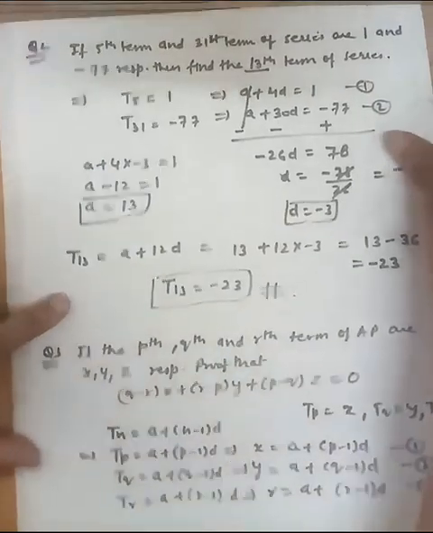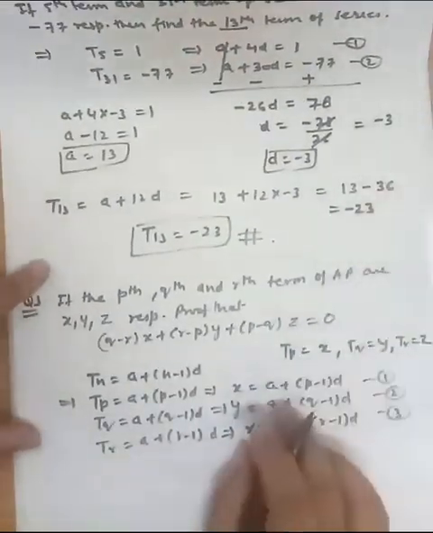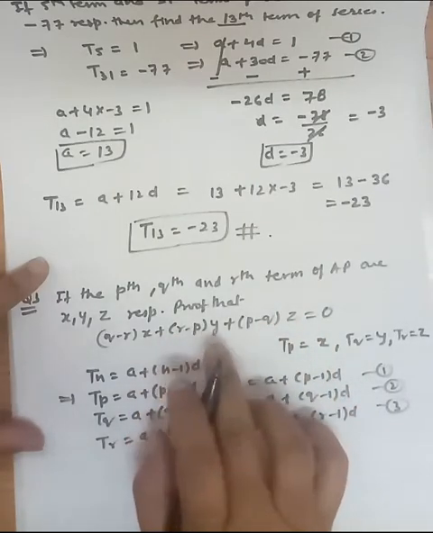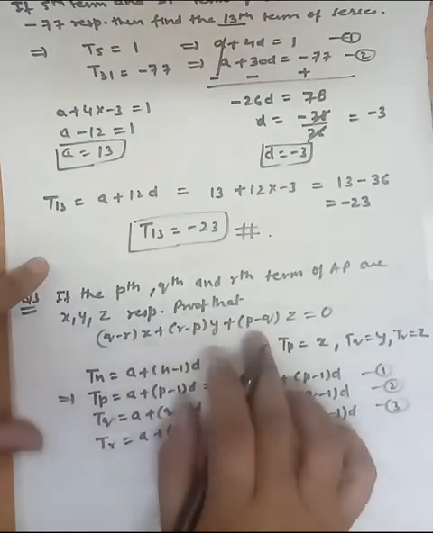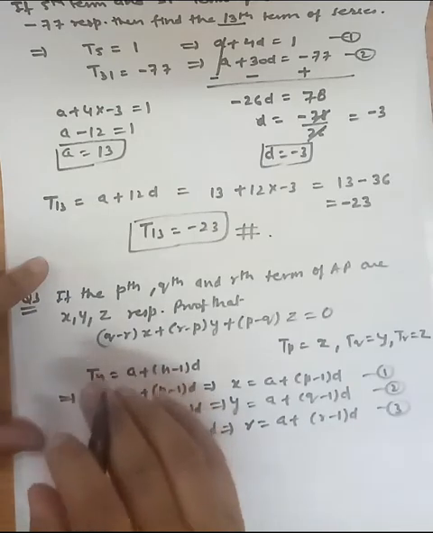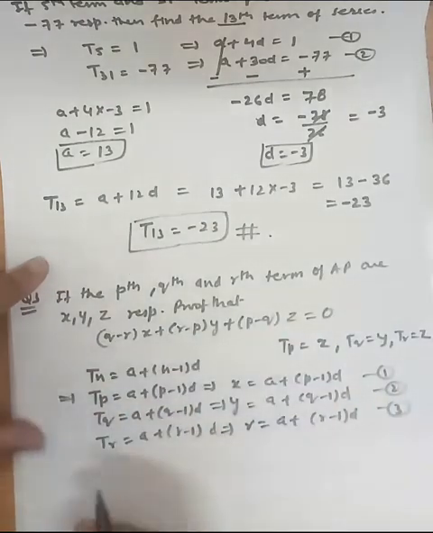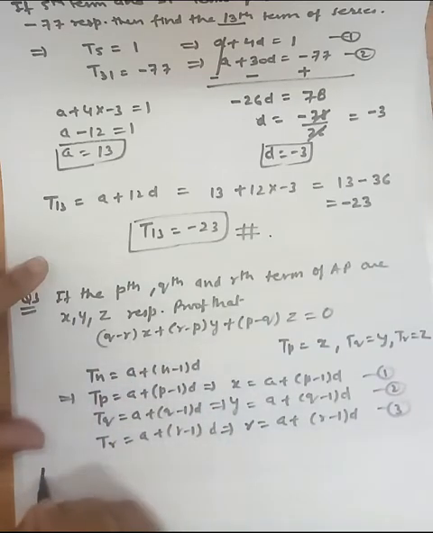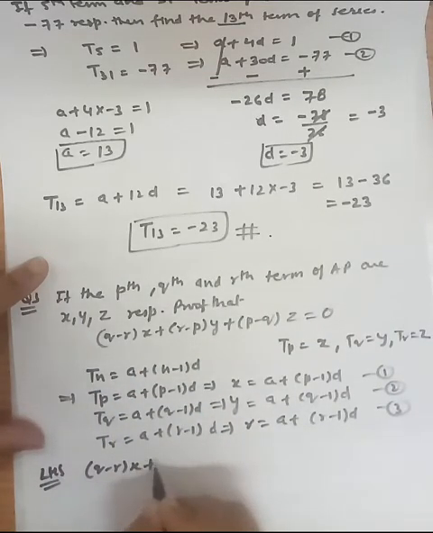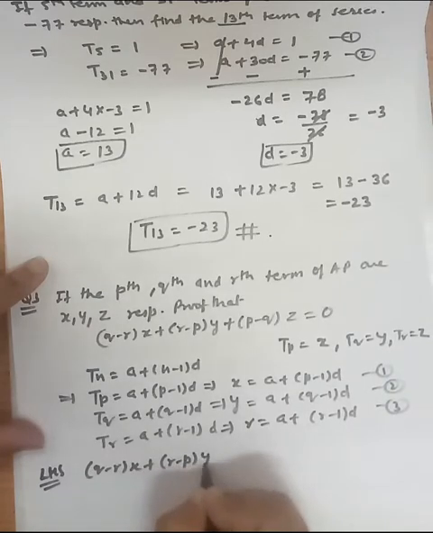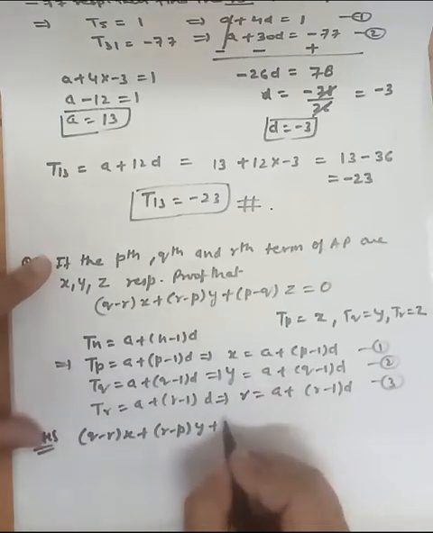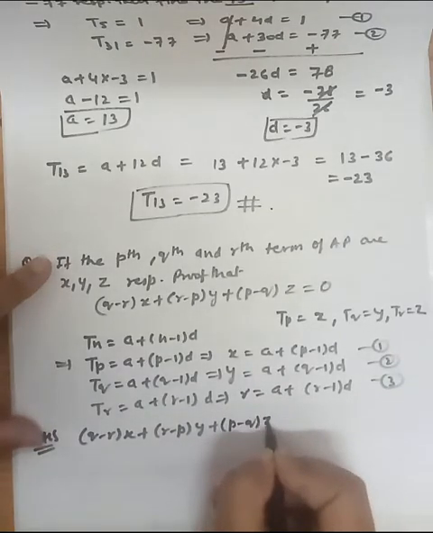So friends, now prove this equation. We can prove it by taking the left hand side and proving the right hand side. The left hand side is (q minus r)x plus (r minus p)y plus (p minus q)z.